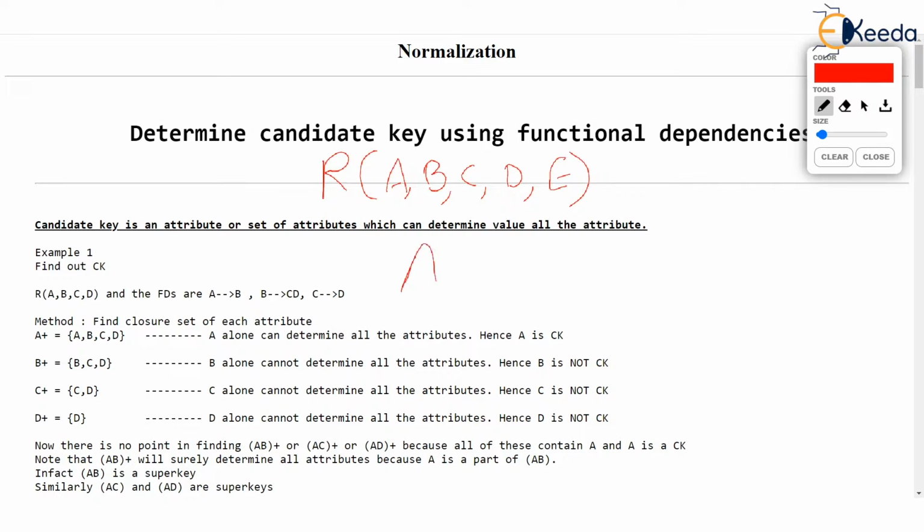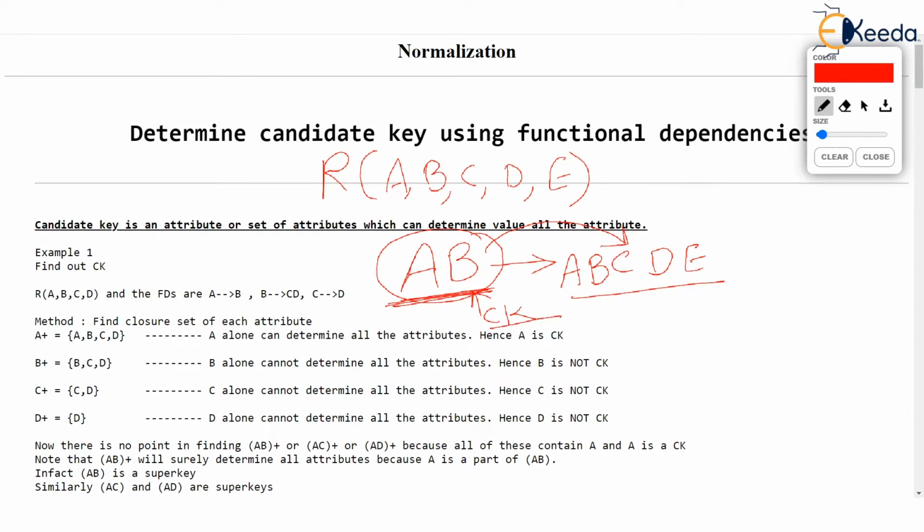A, B, both together can determine C, D, E. Of course, don't miss out that AB can determine value of AB itself. This is trivial. What that means is, in combination, column A and column B, these two together can determine all other attributes. Then AB together will be called as candidate key. I hope you have understood the definition of candidate key again.